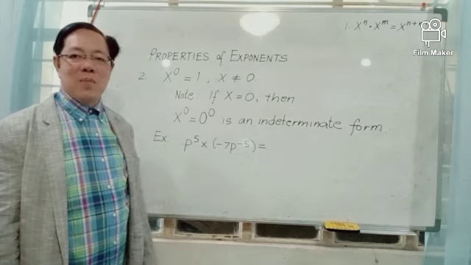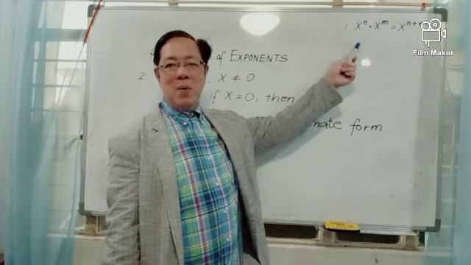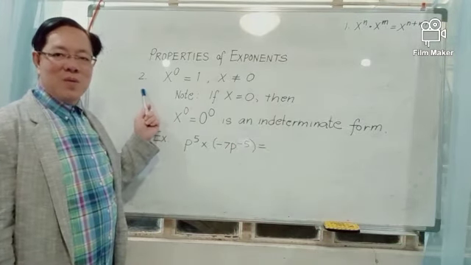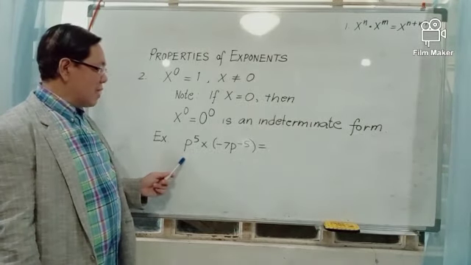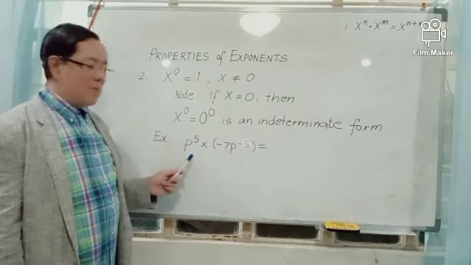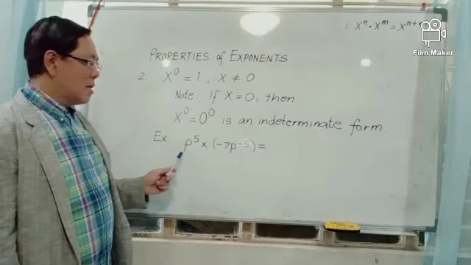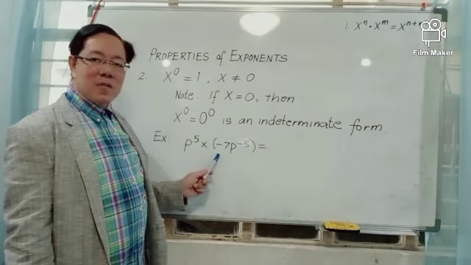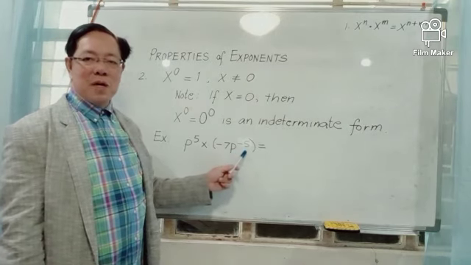We take an example for applying the first property of exponent and this second property of exponent. Example, p to the power 5, the base is p, the exponent is 5, and this is multiplied by negative 7, p to the power negative 5.